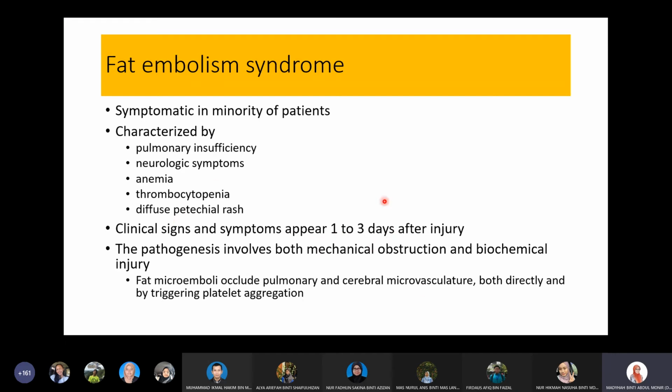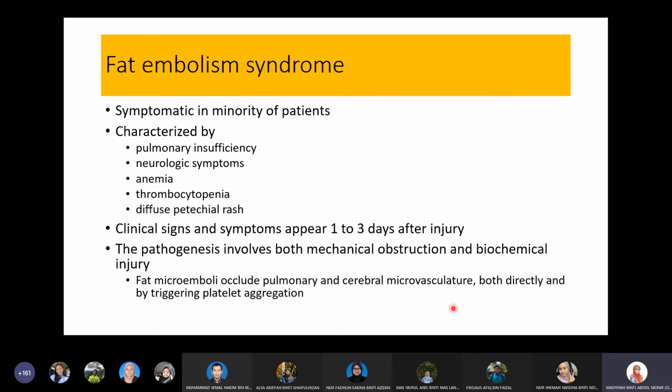Okay, the pathogenesis involves mechanical obstruction and biochemical injury. Why does this patient have these signs and symptoms, affecting the lung and the neurology? Because there are fat microemboli which occlude the pulmonary and cerebral microvasculature, and this will directly trigger platelet aggregation.